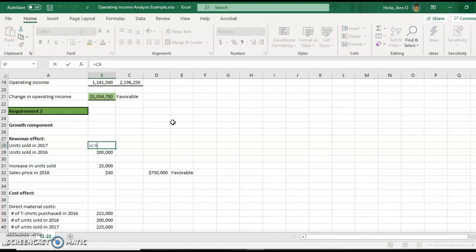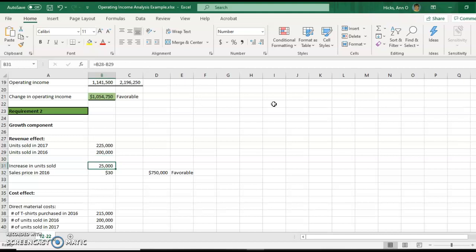We sold 225,000 units in 2017, 200,000 in 2016, an increase of 25,000 units at the sales price in 2016. So our revenue effect is the change in units sold at the 2016 price.